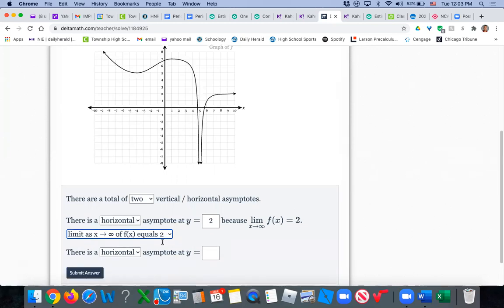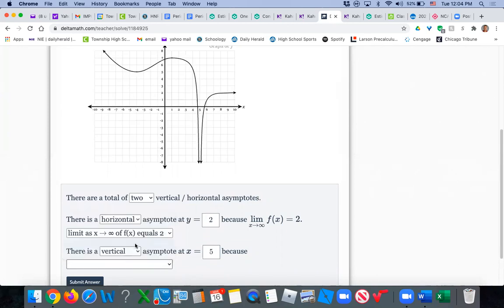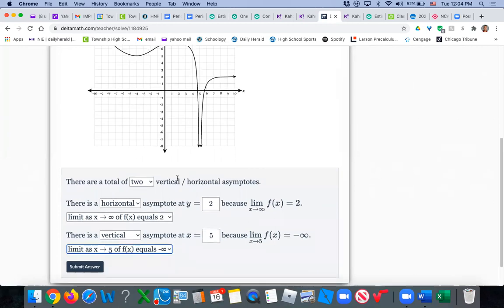And now the vertical asymptote, I think I have a vertical asymptote here at x equals 5, because as x goes to 5, our outputs go to -infinity. They're going down. So I'll give you a second to look at that.